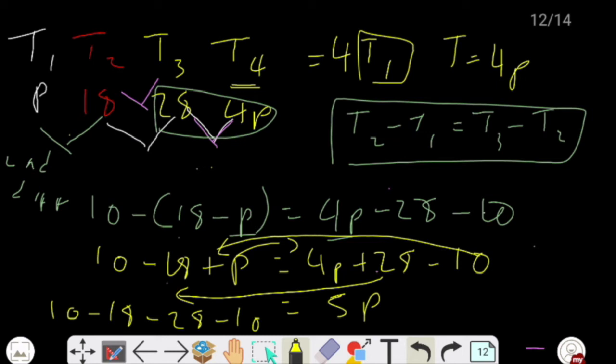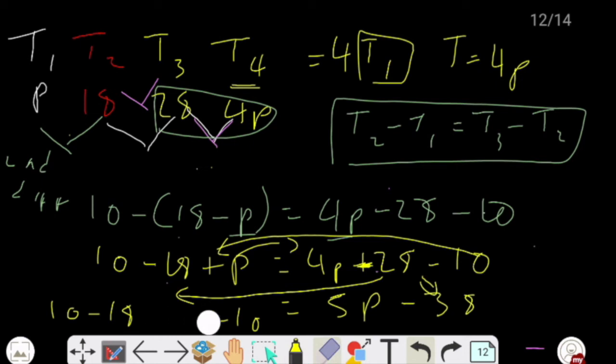So on this side, it should be negative here, right? So let me just do it like this. It's negative 38. This is everything from this side, right?